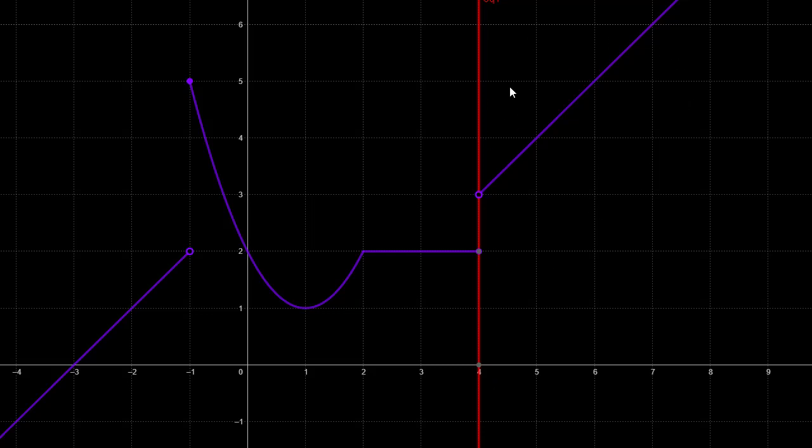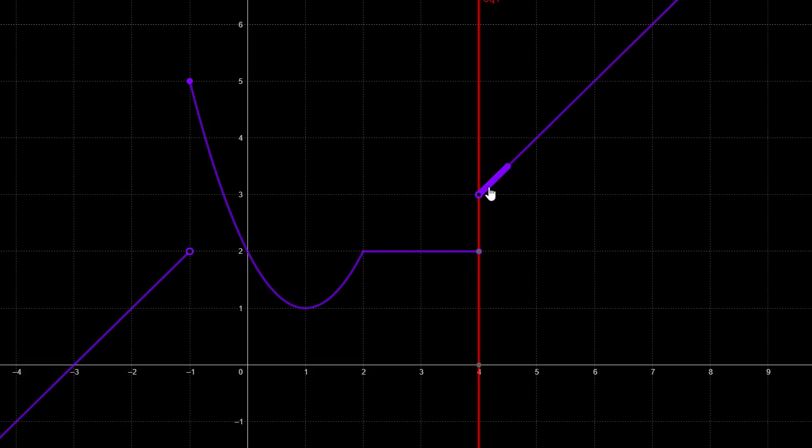On the right side of that is this line here, and as we get closer and closer to the line, its y value is getting closer and closer to 3. So I can say that the limit as x goes to 4 from the right is 3.